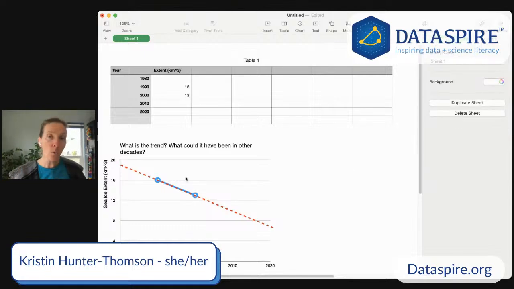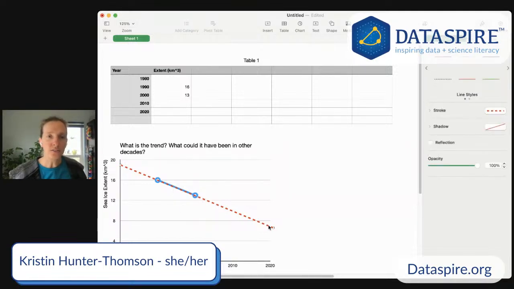But why am I spending all this time? Having our students draw this line out can be really helpful for them to think of the line between the points as just one small part of a longer line that we could draw. And this can also help them think about, does this make more sense, or do we think it would go like this or this or this?